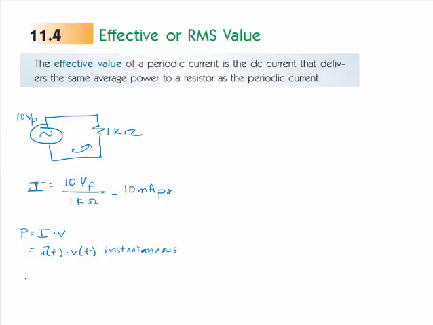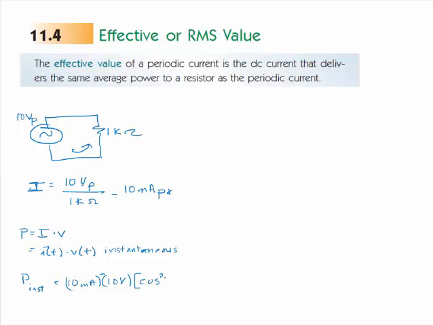My instantaneous power is 10 milliamps times 10 volts, voltage times current, and they're in phase, right?